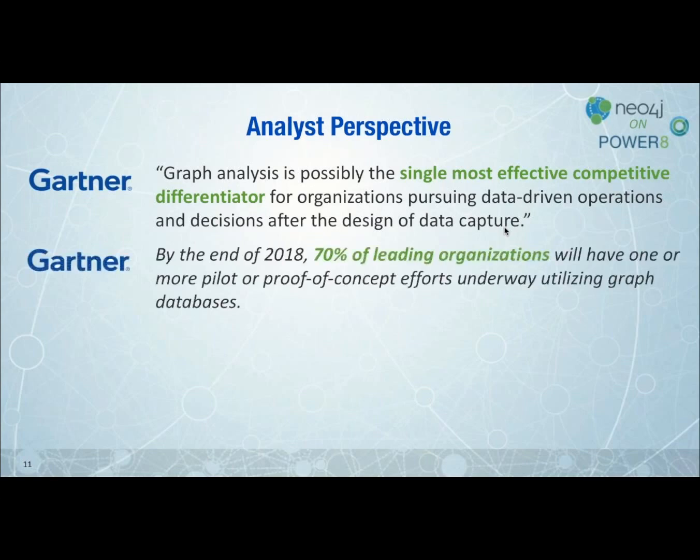Gartner also predicts that by the end of 2018, roughly 2 years from now, 70% of leading organizations will have one or more pilot or POC efforts underway with a graph database. We of course, at Neo Technology, have quite a number of customers in production doing really amazing and meaningful things.